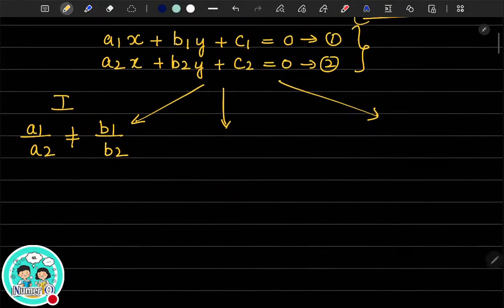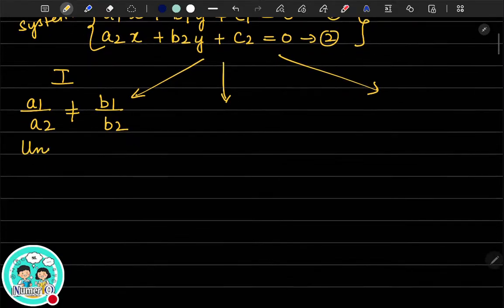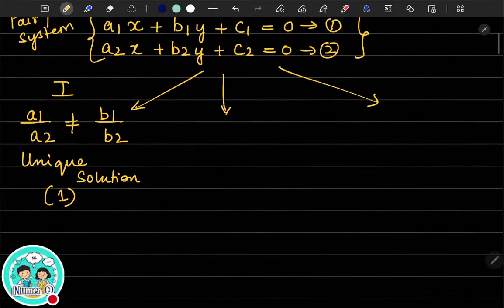You should write that this particular pair, or the system of linear equations, will have a unique solution, or one solution. Correct? And when you plot it graphically, you will get intersecting lines. The two lines will be intersecting each other. And the point where they intersect is the solution.